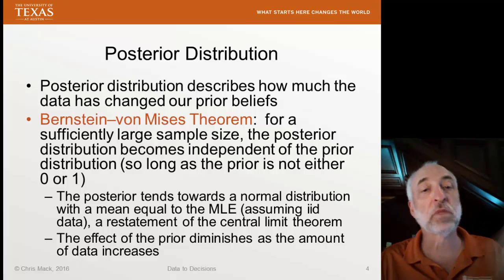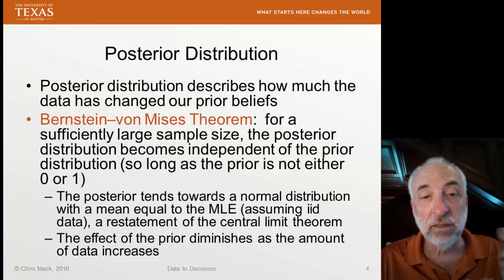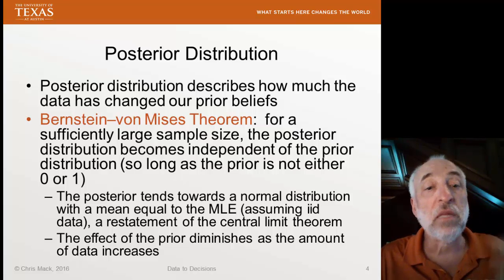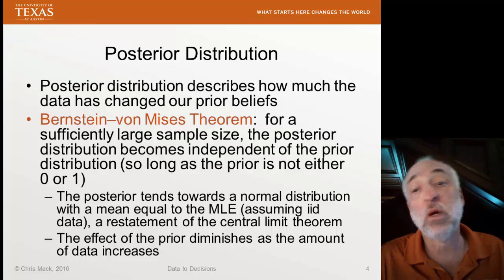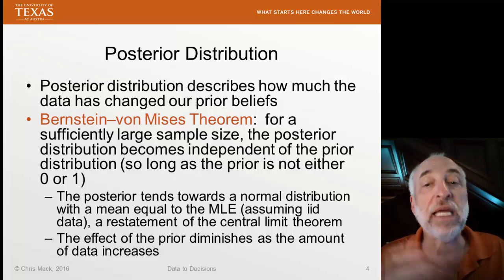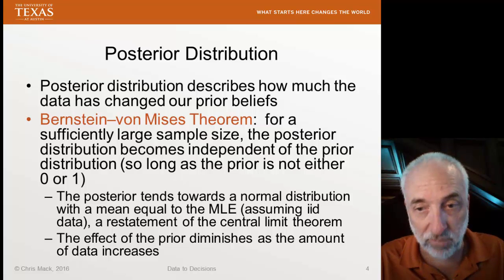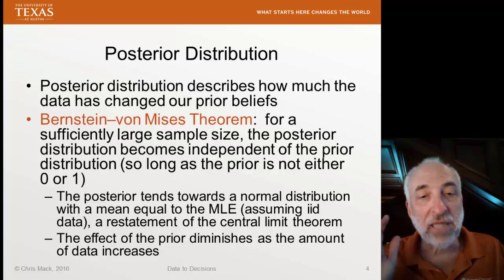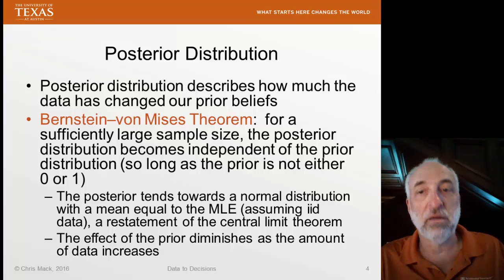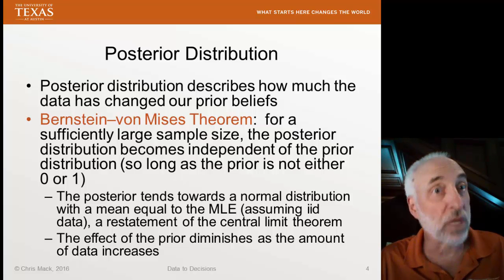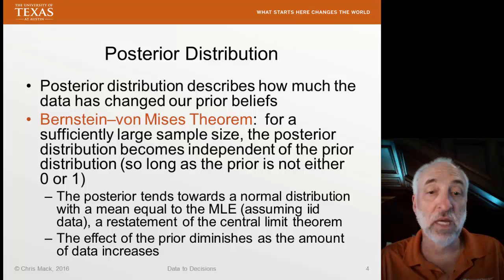In other words, if we let the number of data points go towards infinity, the posterior distribution will approach a normal distribution with a mean equal to the maximum likelihood estimate. This is basically a restatement of the central limit theorem, and it says the posterior distribution becomes the same as the likelihood function.